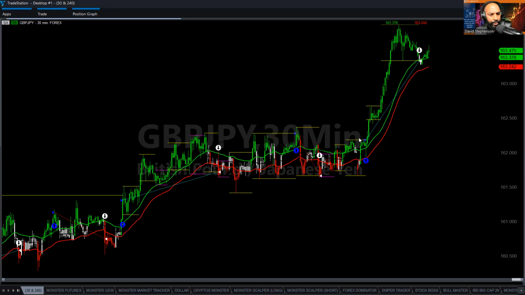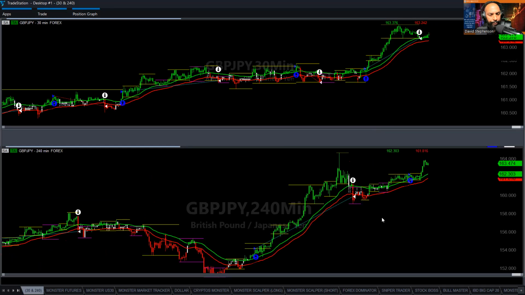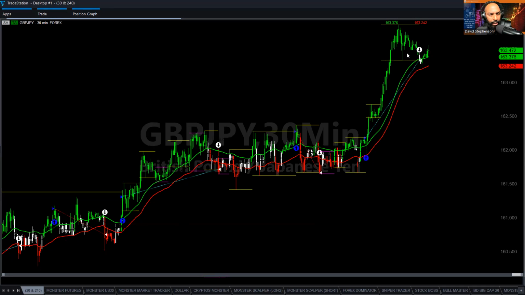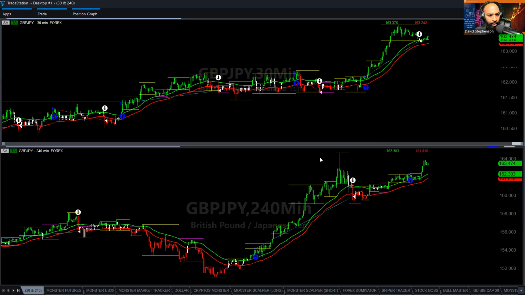Now, here was the buy signal, sell signal here. Watch it again, Bill, for another buy signal. If it gives you another buy signal on the 30-minute, that would be a good opportunity. But good job taking profits on that 30-minute.